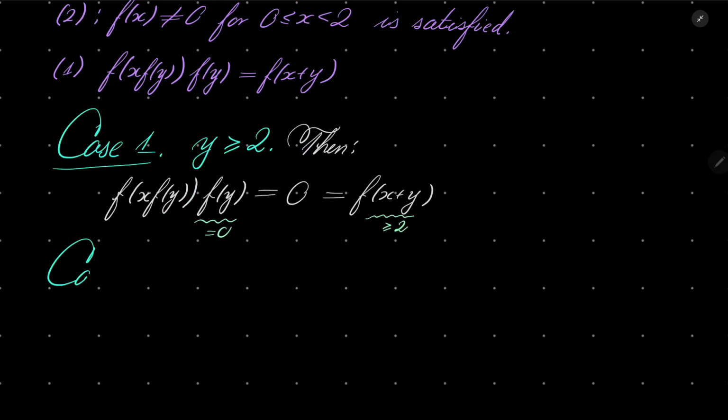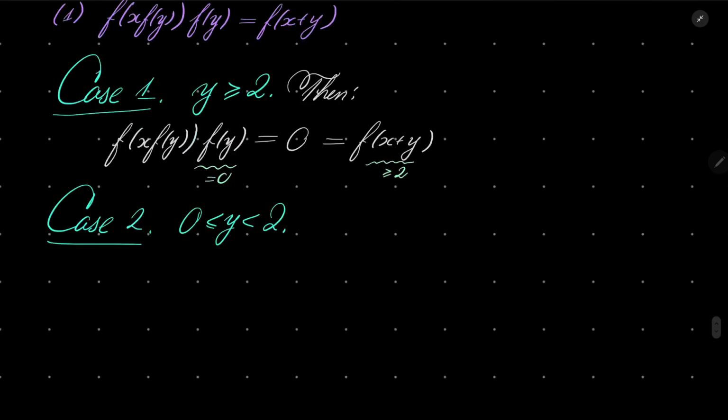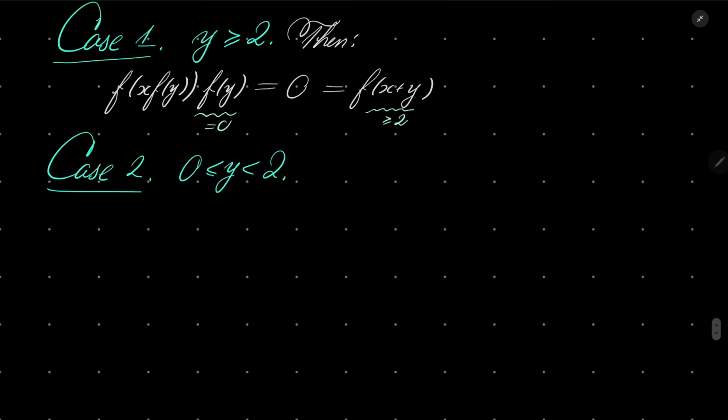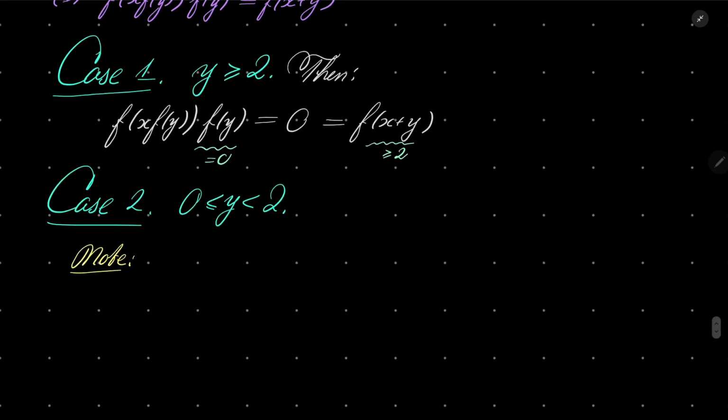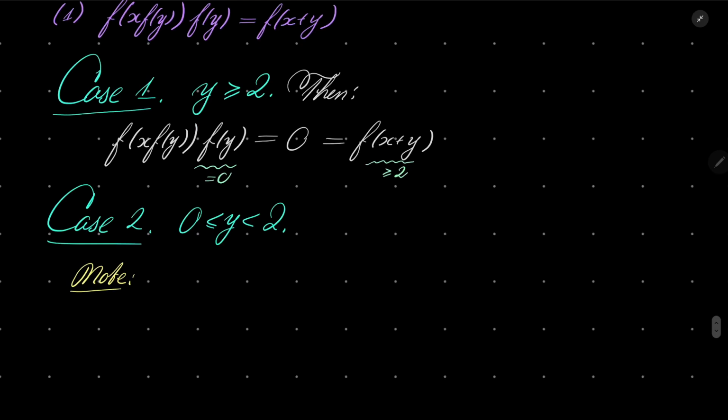Case number 2. Let's consider case number 2, where y is between 0 and 2. Notice the following. Before going on, I will show the following equivalent inequalities. For sure, f of y is 2 over 2 minus y, and I claim the following.